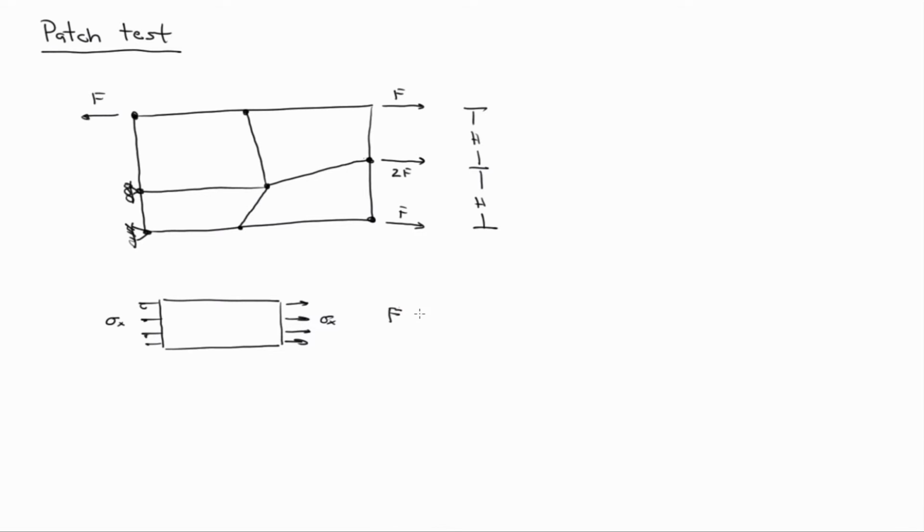So if we apply a force that's equivalent to 1/2 sigma x h t, where sigma x is some constant stress, and if we solve this problem, we should be able to reproduce exactly that stress. So when we compute the stress, we'll have constant stress in the elements if they're linear interpolated. The stress that we compute should be exactly sigma x. And when I say exactly, I mean to machine precision. It should be exact.